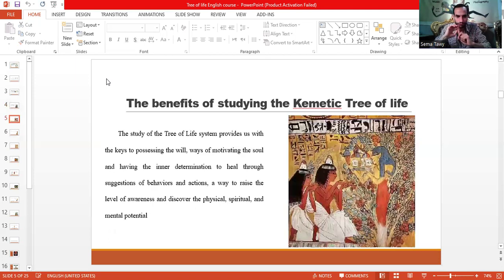The studying of the Tree of Life system provides us with the keys to possessing the will, ways of motivating the soul and having the inner determination to heal through suggestion of behaviors and actions, a way to raise the level of awareness and discover the physical, spiritual, and mental potential.